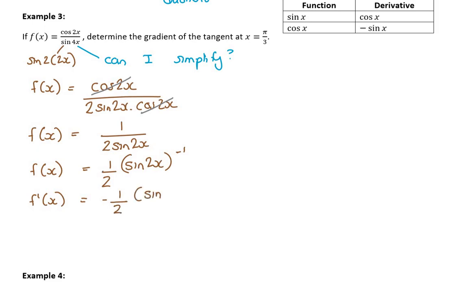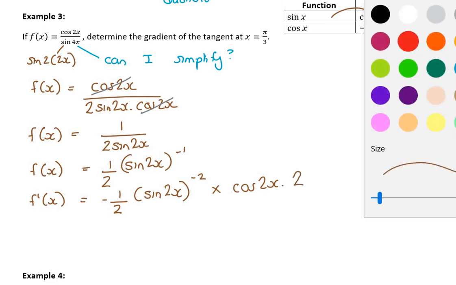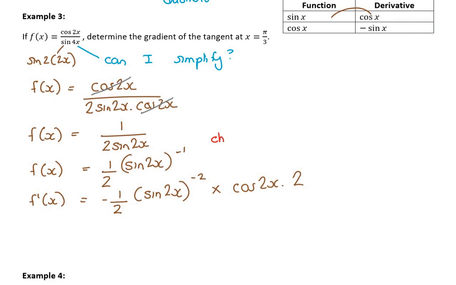Leave the inside function alone, which is sine 2x, to the power of minus 1 subtracted by 1. But this is a chain rule. The derivative of sine x is cos x, so that's cos 2x. But hang on, that's also a function within a function, so the derivative of 2. So this is a chain rule within a chain rule again. So let me just write this down. This is a chain rule within a chain rule.